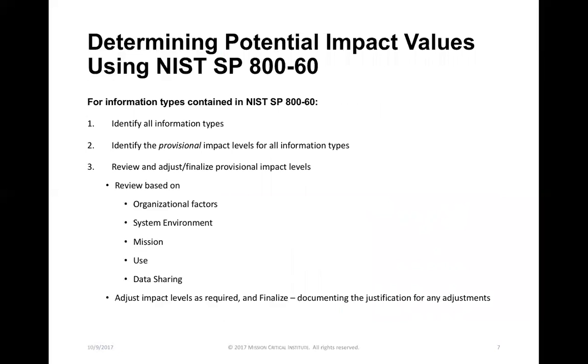Okay, so determining potential impact values comes from SP 800-60. You want to identify all information types, identify a provisional impact, and then base it on organizational factors, system environment, mission, use, and data sharing.